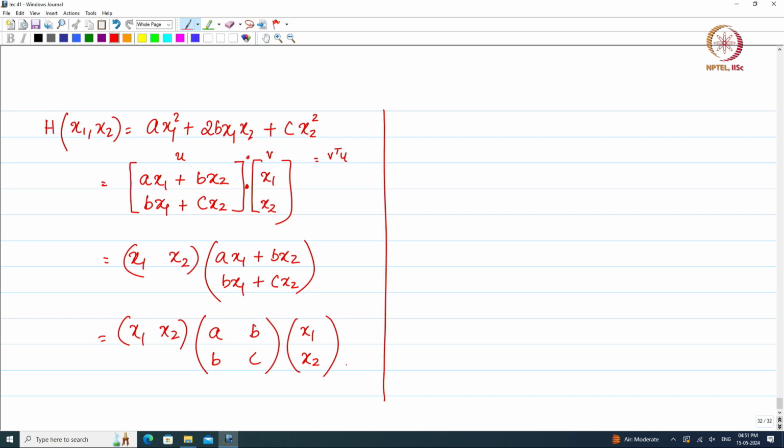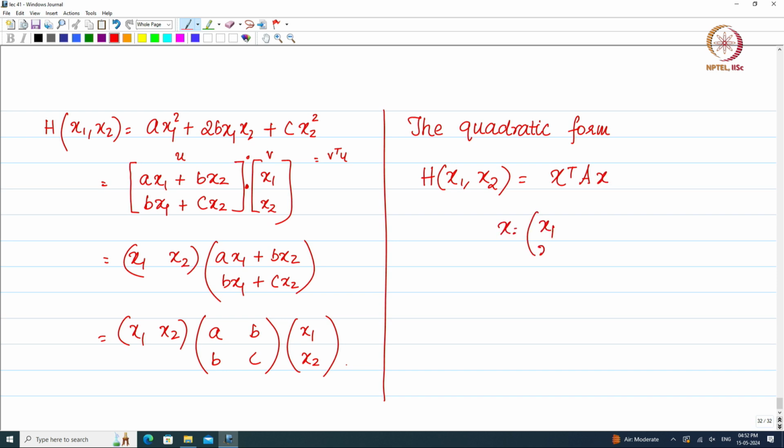So, what are we going to say? We are going to say that the quadratic form h of x1 comma x2 can be written as x transpose A x, where x is equal to x1 x2, A is equal to let us say a b b c.